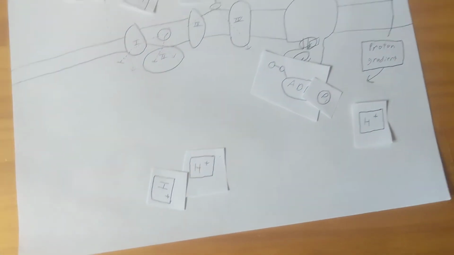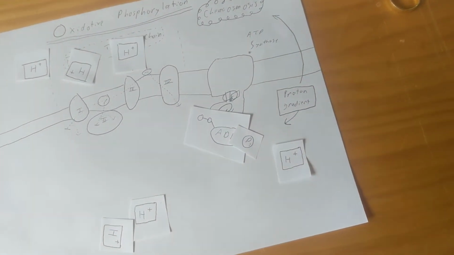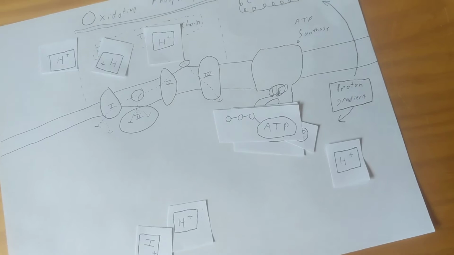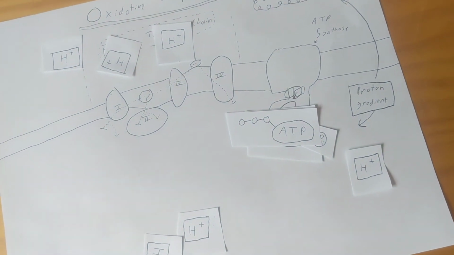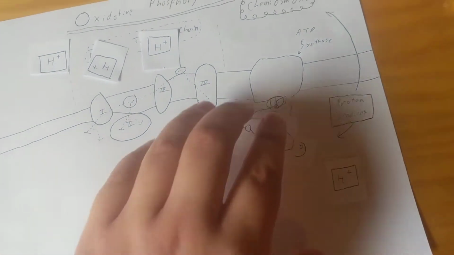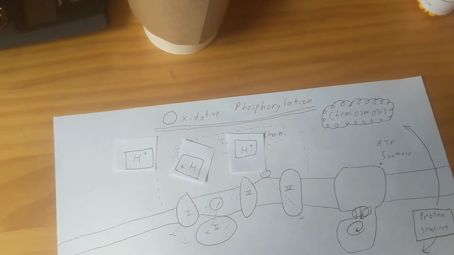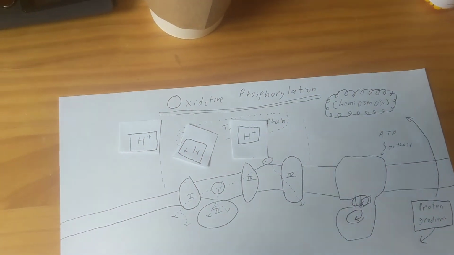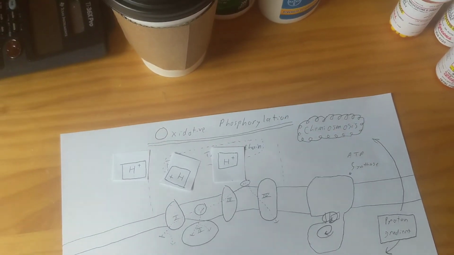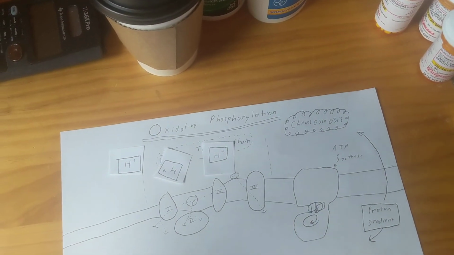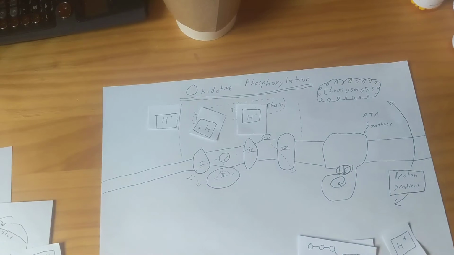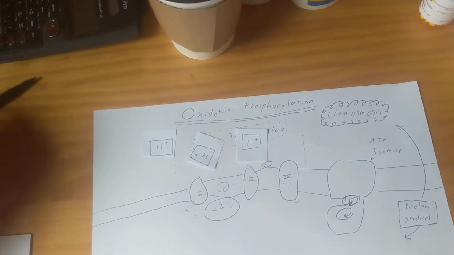That energy allows it to become ATP, which is the basic energy unit of cells, which is then released. And that describes oxidative phosphorylation, or adding a phosphate to ADP to make ATP, with the help of a process that involves oxygen.